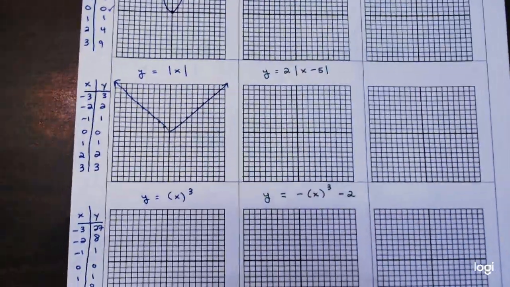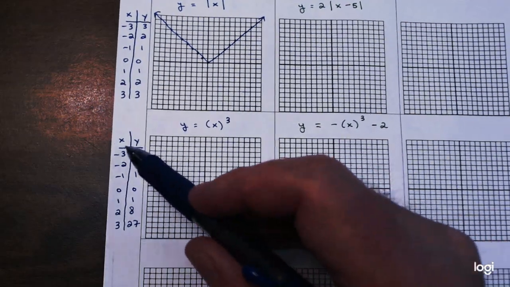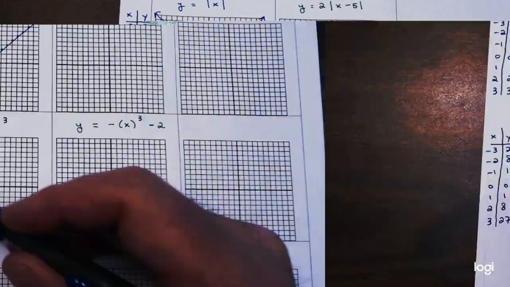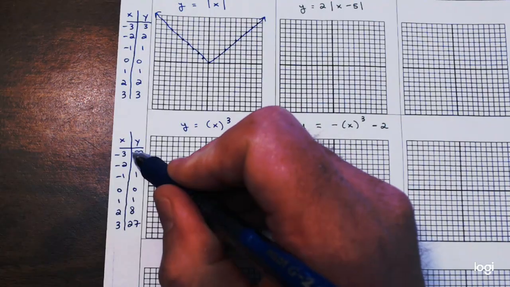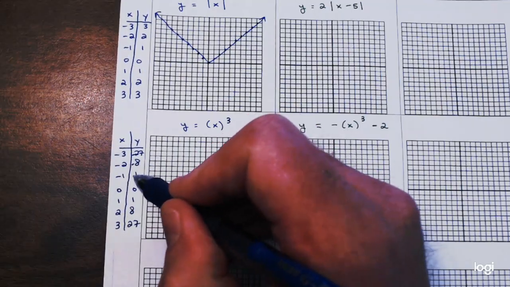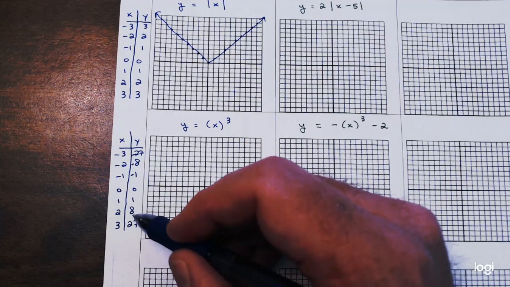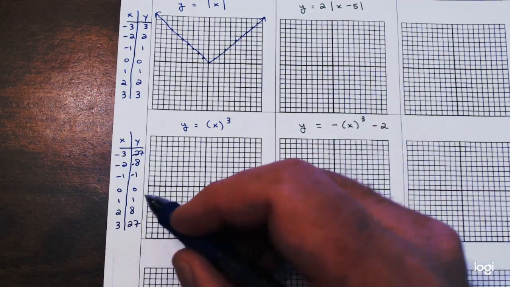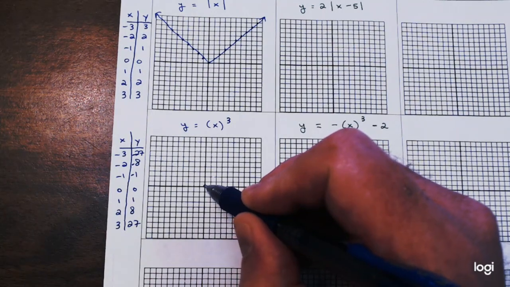Okay, the last one, we haven't seen a lot of this, but it's our cubic function. Again, I've plugged in some x values and cubed them. Oh, I didn't cube them properly as I'm looking here. Negative 3 times negative 3 times negative 3 is negative 27, then negative 8, negative 1. We won't be able to get to 27, but we'll be able to get to this 8. Our memorable point on this one is that center point, 0, 0.